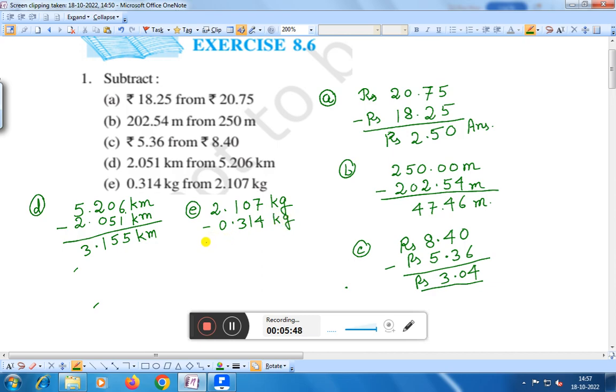We subtract, we will get 7 minus 4 is 3, 1, 9, carry 1, 3 plus 1, 4, 7, 11, carry 1, that is 1.793 kg. This is the solution of question number 1.